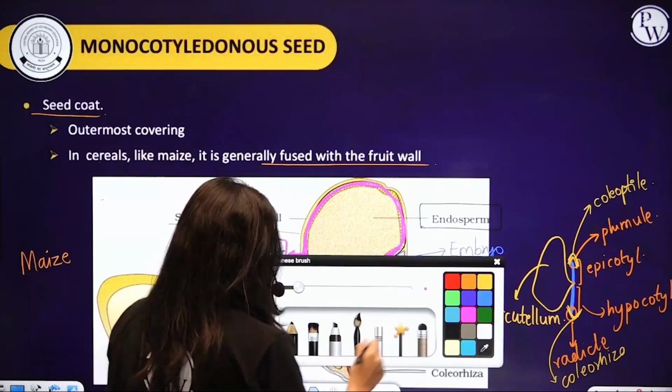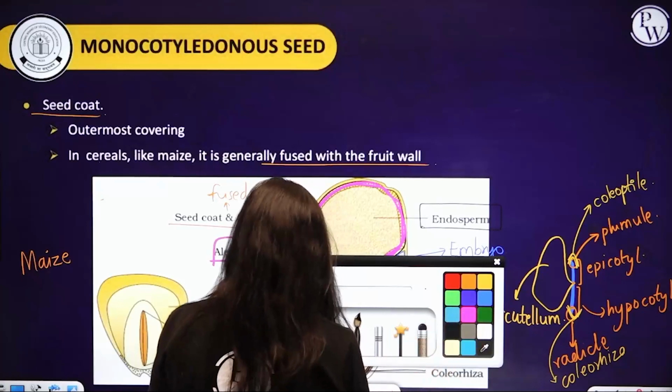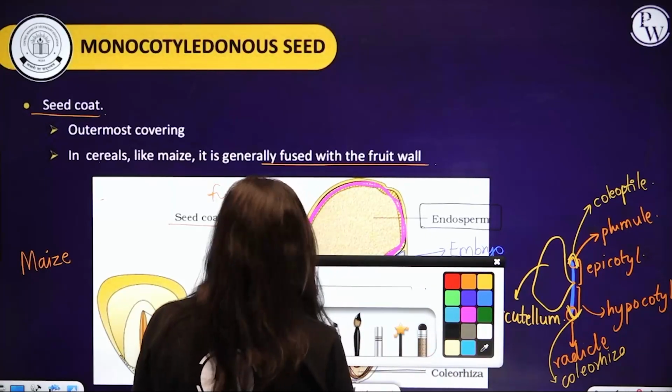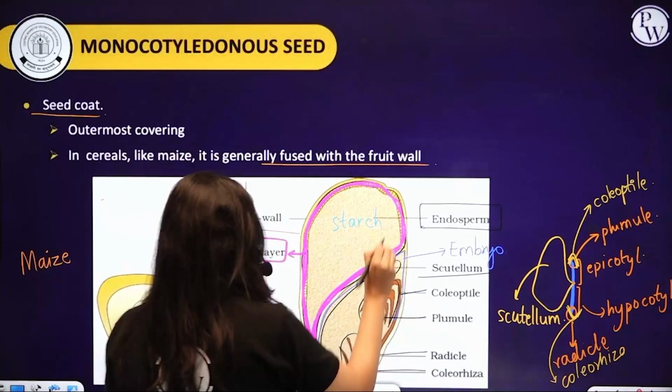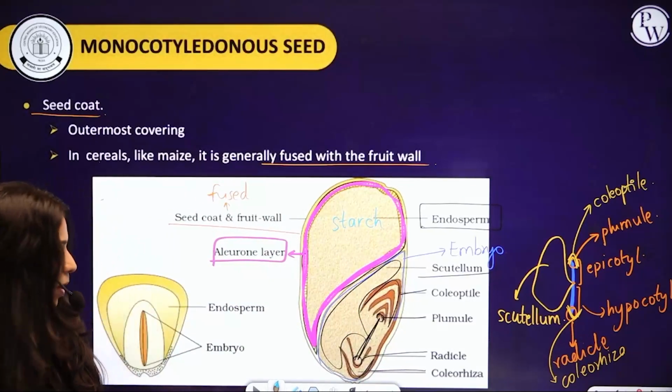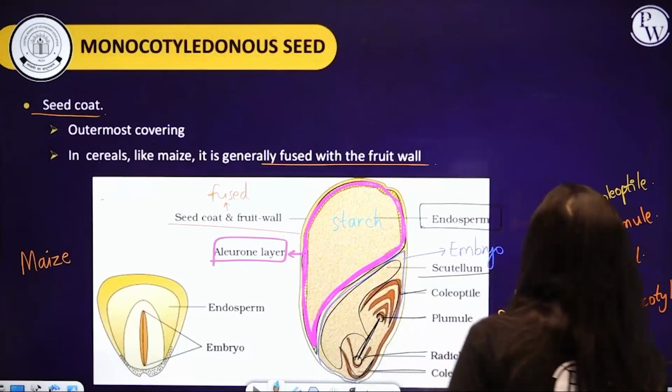The inner portion of the endosperm is rich in starch and that is called the starchy endosperm. So that is about the embryo and endosperm in monocotyledonous seeds.